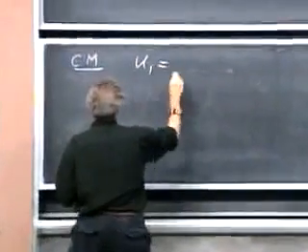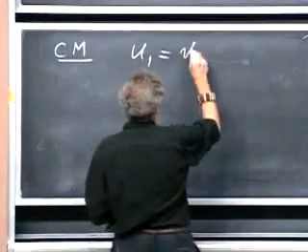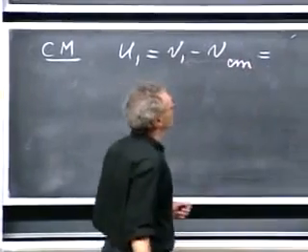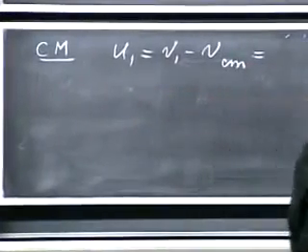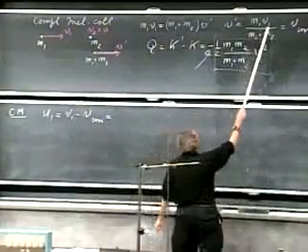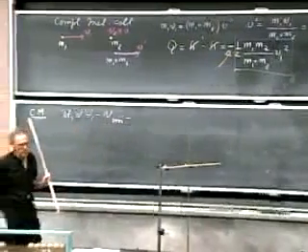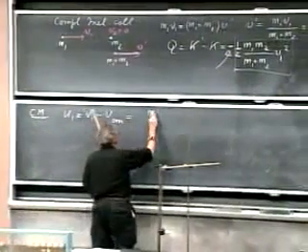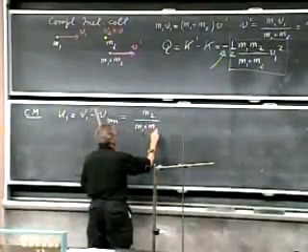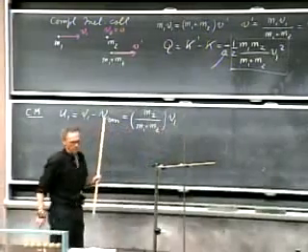So we go to the center of mass frame. So we first have to calculate what U1 is. Well, U1 equals V1 minus V center of mass. And we know what V center of mass is. It's right there. And if you do the subtraction, which is by no means difficult, you will find M2 divided by M1 plus M2 times V1.